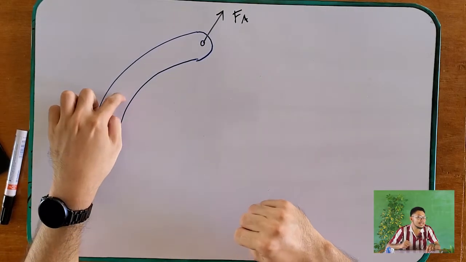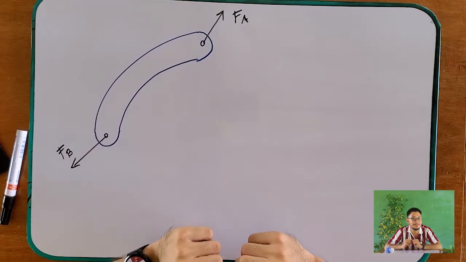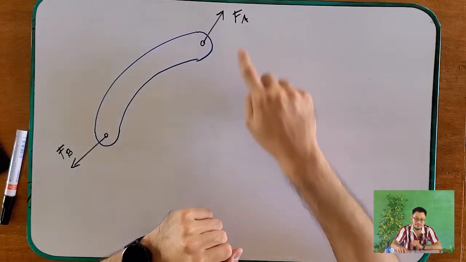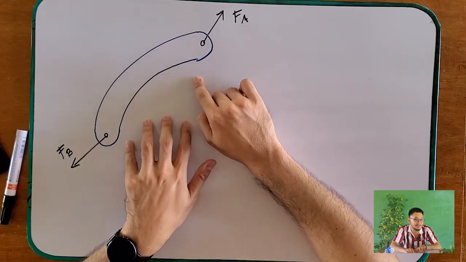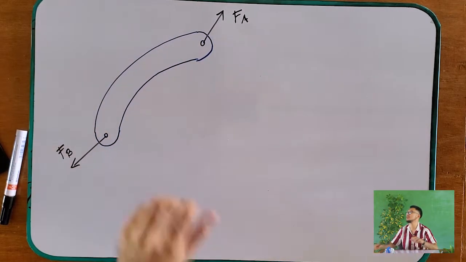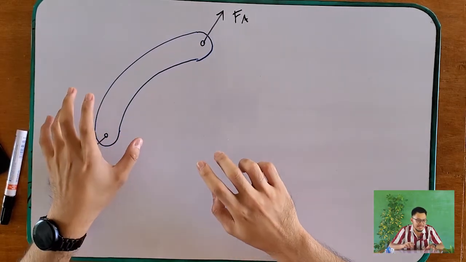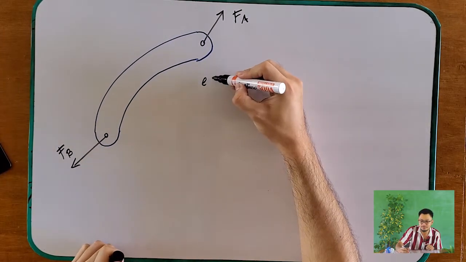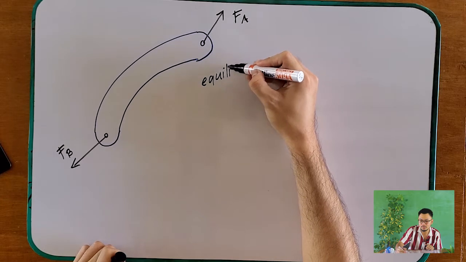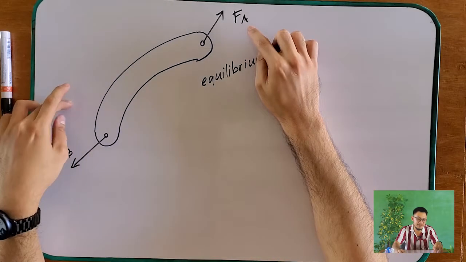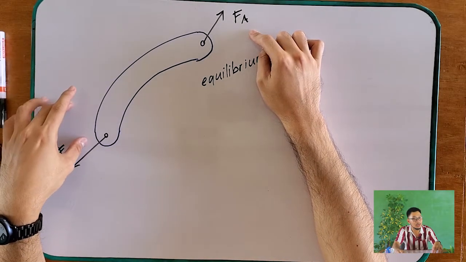So this member is said to be a 2 force member. Why? Because, as you can see in this case, this member is subjected to only 2 forces, your FA and FB. And if we say that this member is in equilibrium, then the sum of FA and FB should be 0, right?